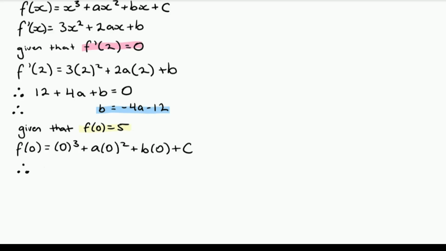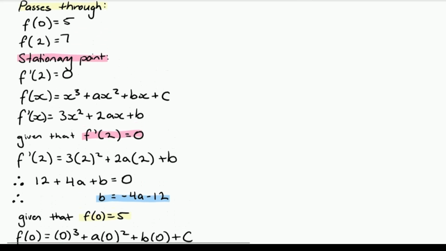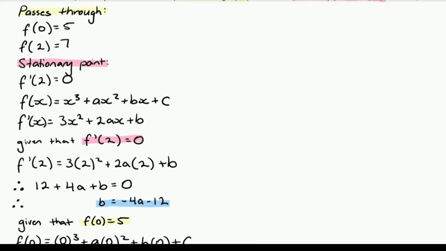So therefore, c is equal to 5, right? So there's another key bit of information I've got, where my c is equal to 5. So that's handy. I'm actually just going to plug this straight into my original equation. However, let's see if we can also use this point up here, and maybe we can get a value for either my b or my a.